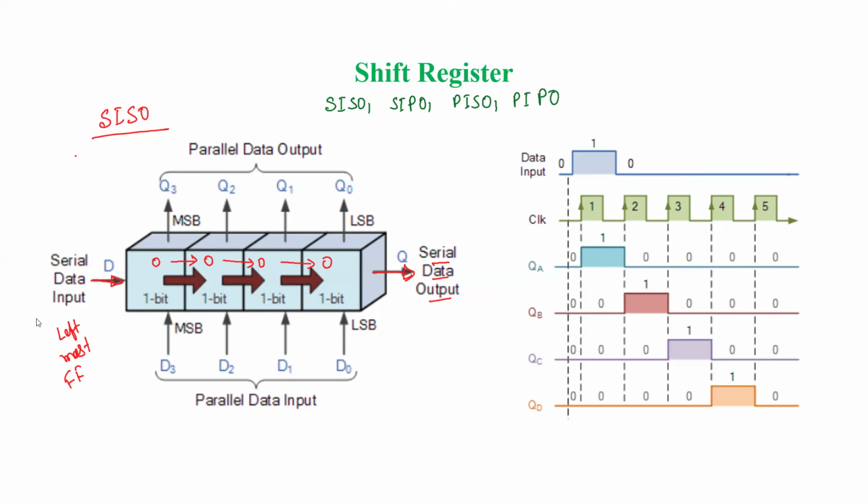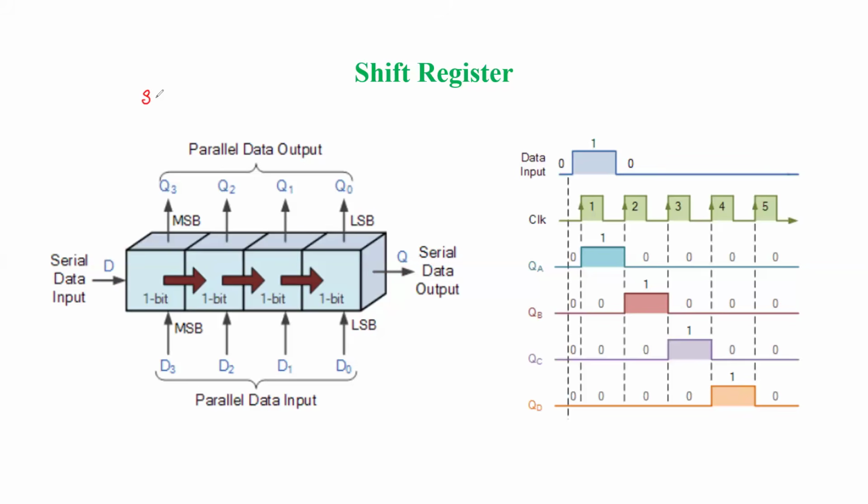Whereas if you consider another situation, serial in and parallel out. In case of serial in, again, data will be given to the leftmost flip-flop only. But at the same time, we can obtain the output from each flip-flop.